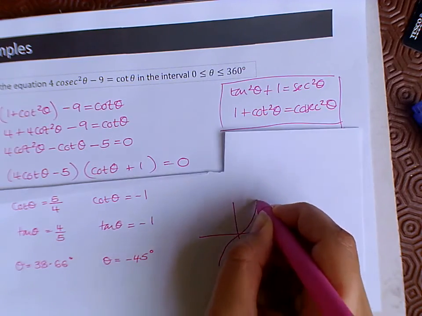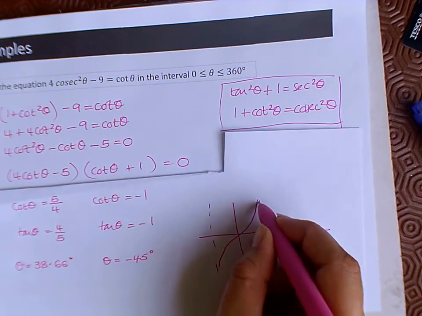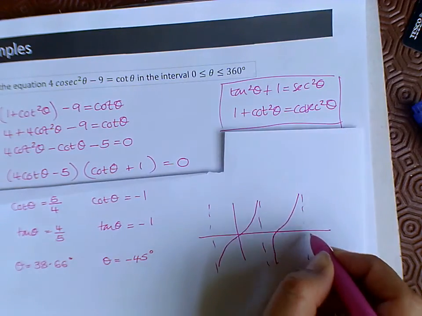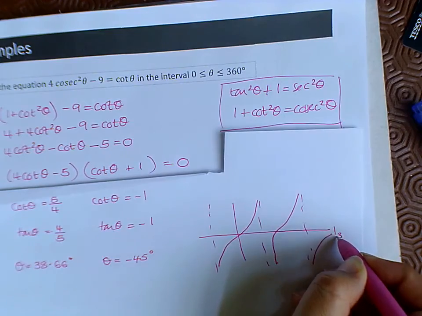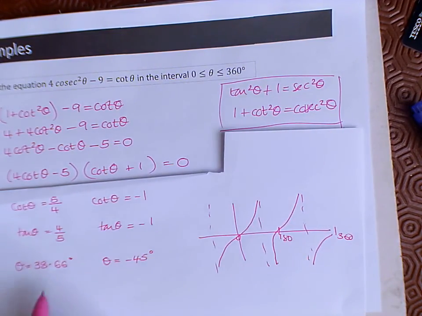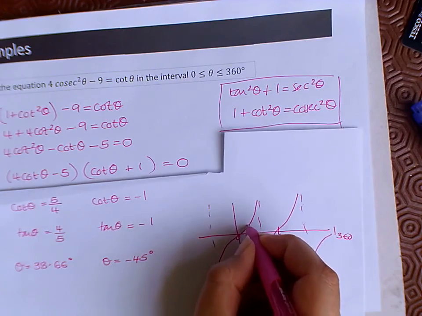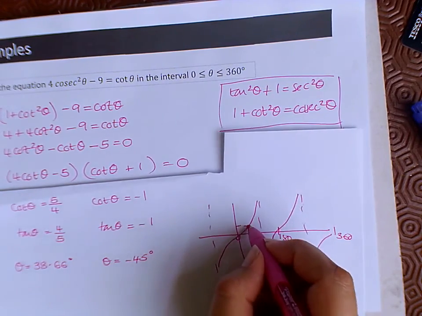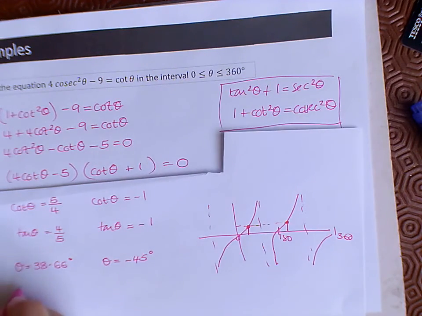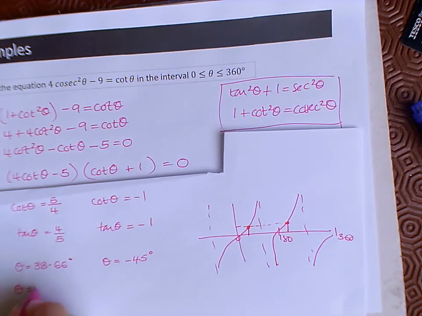So here we go. Let's dot that down, then like that, dot it down again, and like that. That's 360, that's 180, that's 0. So if I look at 38.6, that would be there. Where does it happen again? It happens 180 later. So the next value would be 38.66 add 180, which would be 218.66.